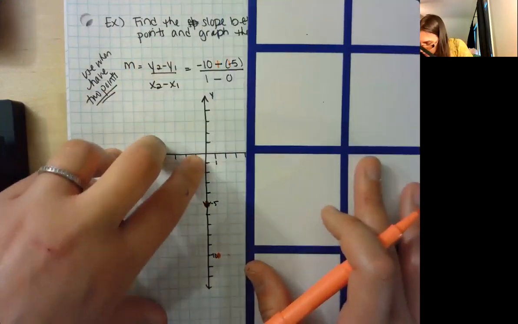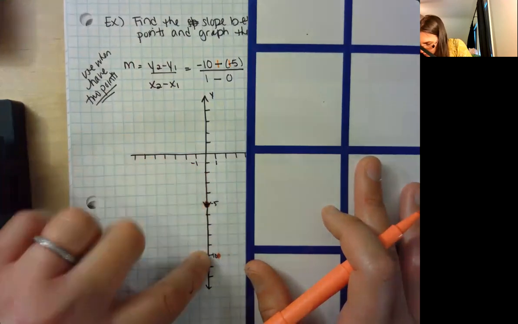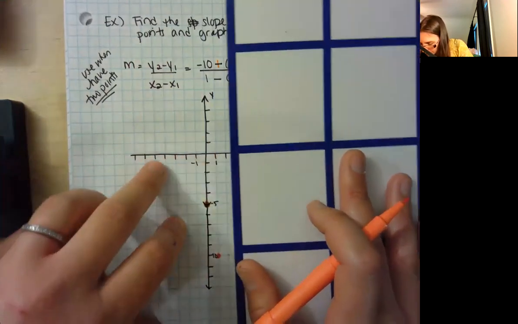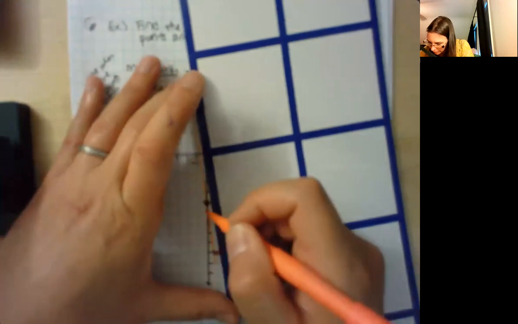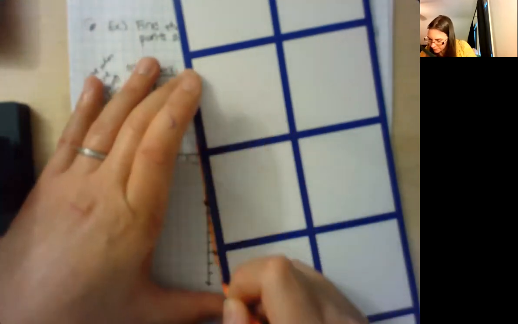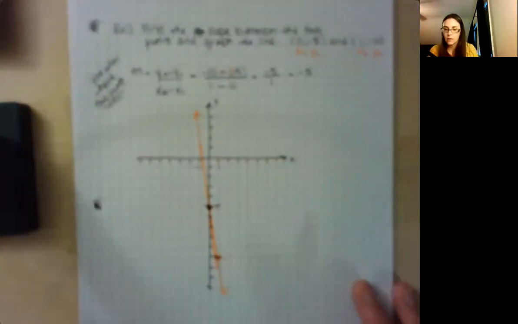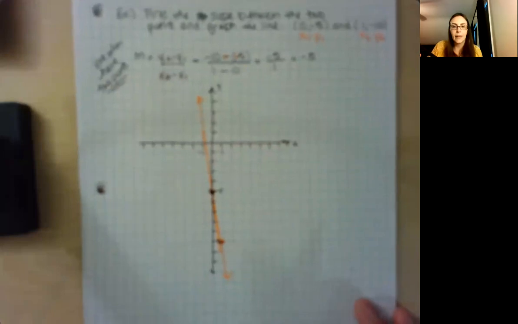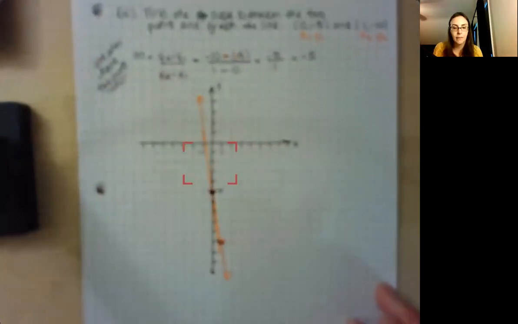Let's see. 1, 2, 3, 4, 5, 6, 7, 8, 9, 10. That's 1 and that's 0. All right. Well, I'm gonna go for it. My scaling looks a little bit off here, but I'm just gonna connect these together. All right. So I apologize. This one's a little bit messy, but you can get the idea.